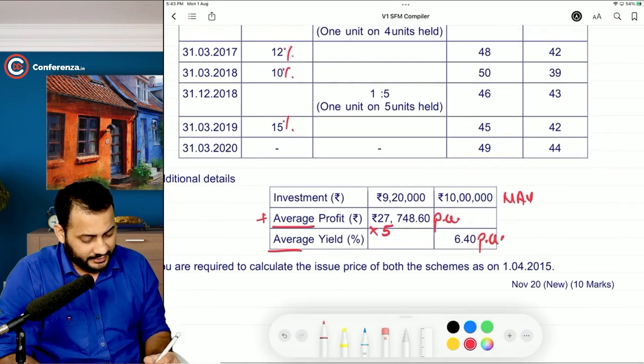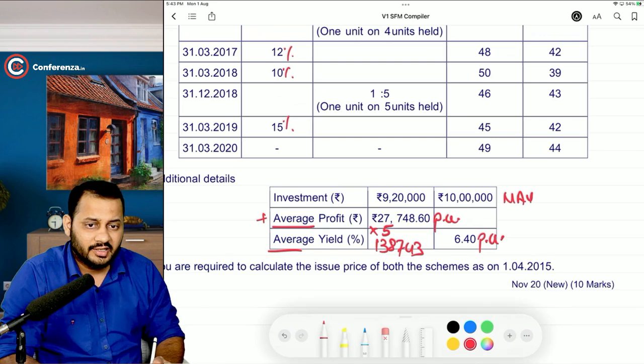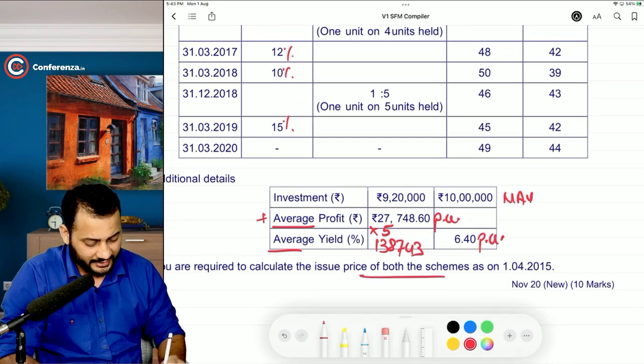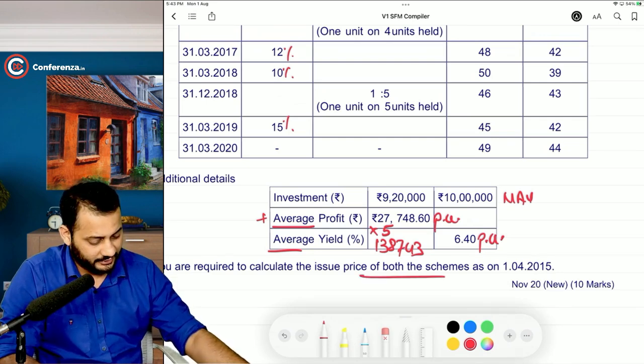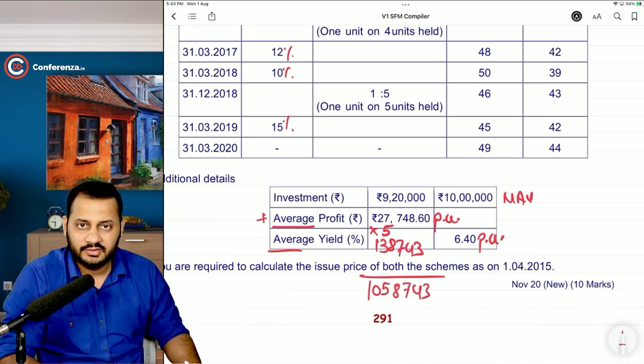So that's 138,743. If 138,743 is the total profit, can I say that 138,743 plus 9,20,000, which is 10,58,743, is the redemption value?